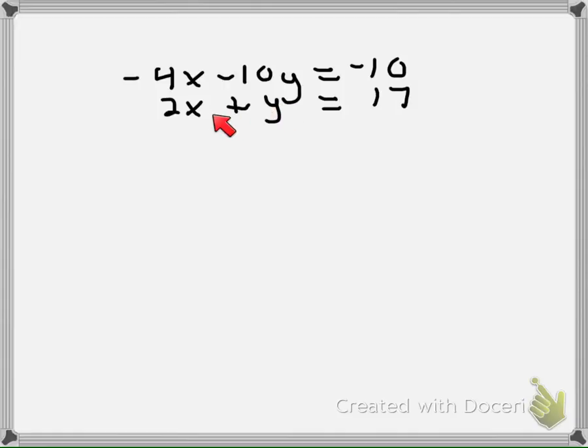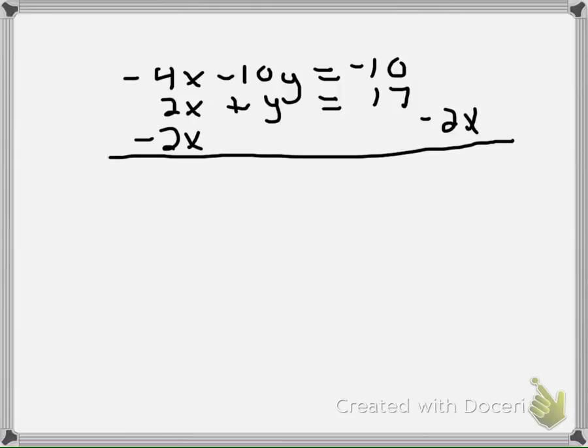So we'll do this one, and to do that we're going to subtract 2x on both sides, so minus 2x, and over here minus 2x. Notice I do not line it up underneath the 17 because they're not like terms. This crosses out, and I have y equal, always write the variable first, negative 2x plus 17.